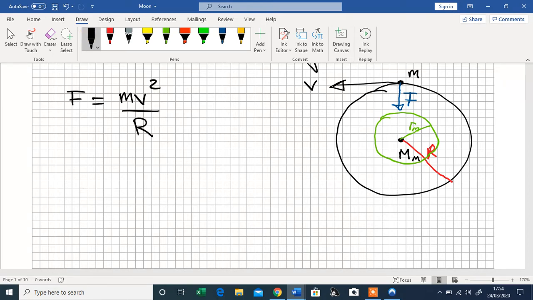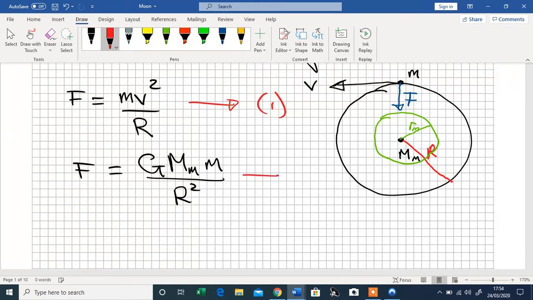So that would be equation 1. And there is another force as well due to the gravitational constant, and that is G big M sub m little m over r squared. And that is equation 2.